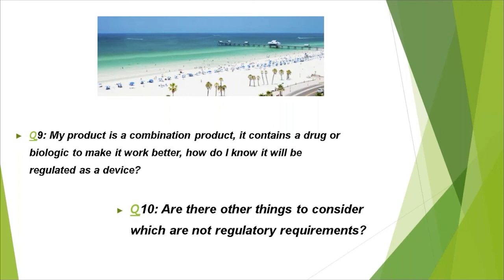And so number 10, are there other things to consider which are not regulatory? Yes, there are some things to consider that are voluntary to help you with your marketing. For example, some cities, some states, some hospitals require a voluntary safety listing for active medical equipment to be sold in their jurisdiction or in their hospital.